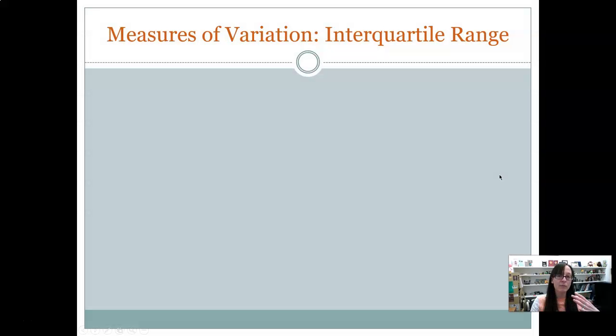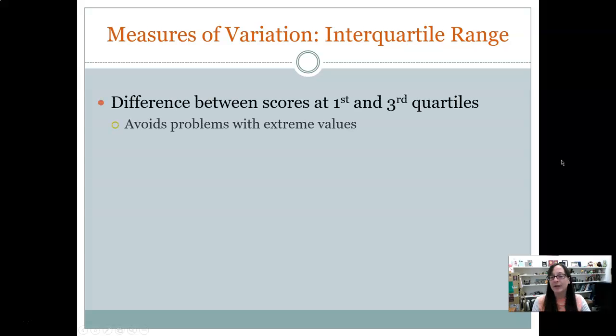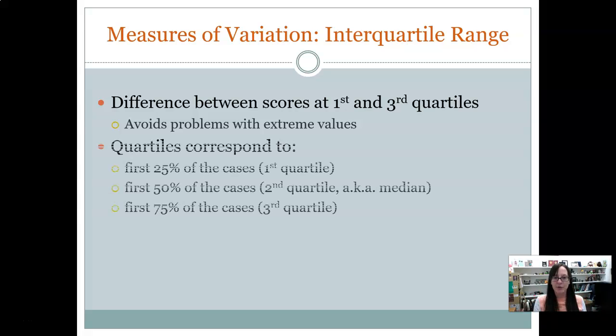But if we want to know a little bit more about the measure of variation, then we would use what's called the interquartile range. The interquartile range is the difference between the scores at the first and third quartiles. So essentially it cuts out the problem of extreme values because all it does is look at the middle 50%. Your first quartile is the first 25% of cases.